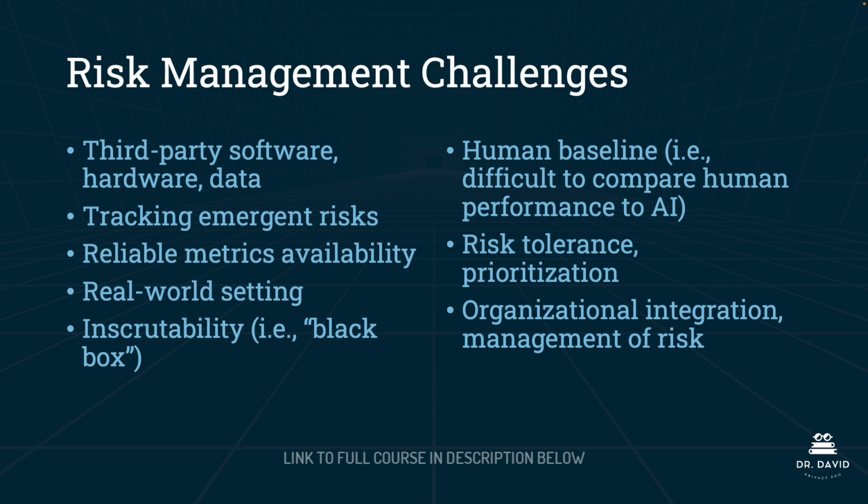Those include third-party software, hardware, and data, tracking emergent risks, reliable metrics availability, real-world setting, inscrutability, for example, the black box feature of AI systems, specifically of machine learning models, identifying a human baseline. The challenge there can be that it's difficult to compare human performance to AI systems, risk tolerance and prioritization, and finally, organizational integration and management of risk.